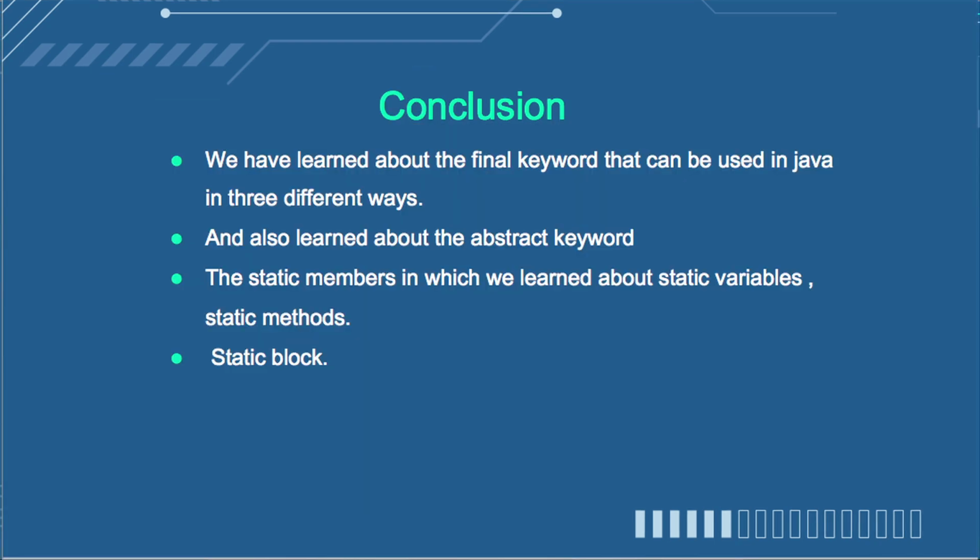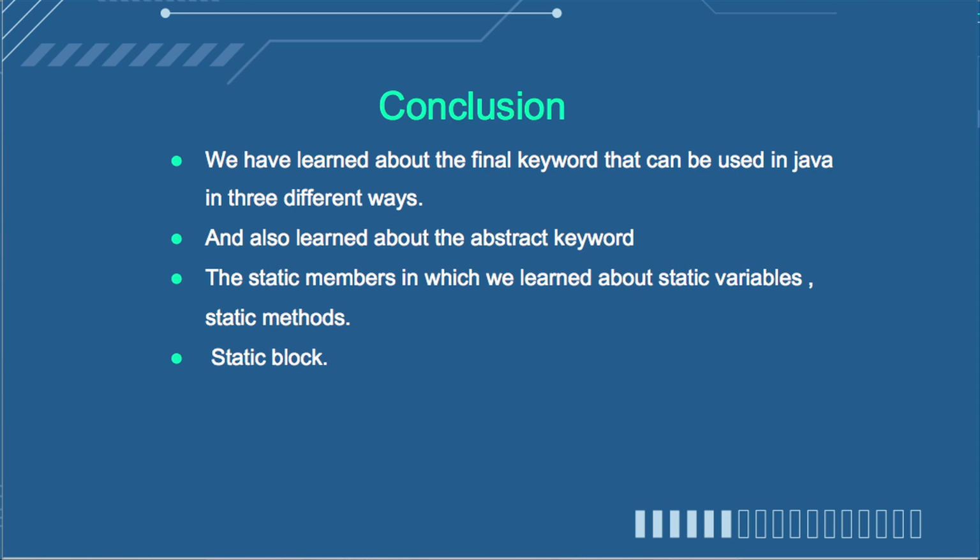So let us conclude what we have learned in this lecture. We have learned about the final keyword that can be used in Java in three different ways: a final variable, a final method, and a final class.